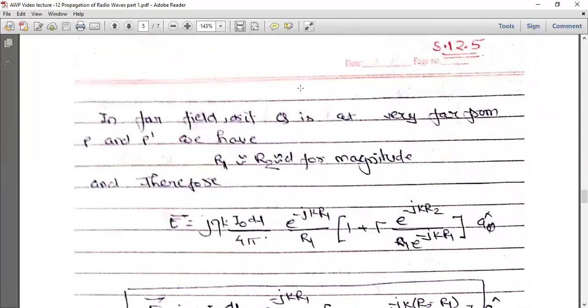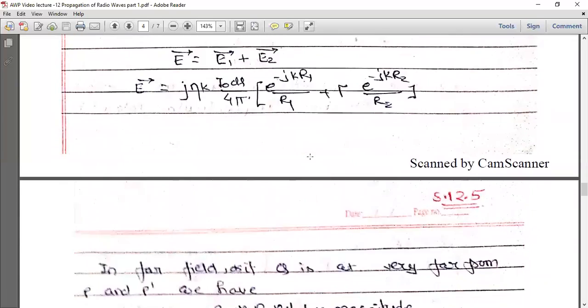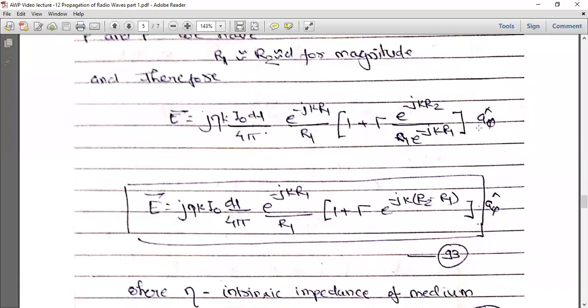This R1 and R2 here, they are the same, so we keep them out. And we keep e to the power minus jk r1 as common also. When we simplify, the result looks like this, in the direction a phi cap. Since the bases are the same and we are dividing, the powers will be subtracted, and the result looks like this. This is equation number 93, and this equation 93 is the generalized electromagnetic field or electric field at the point Q due to this ground reflection model.